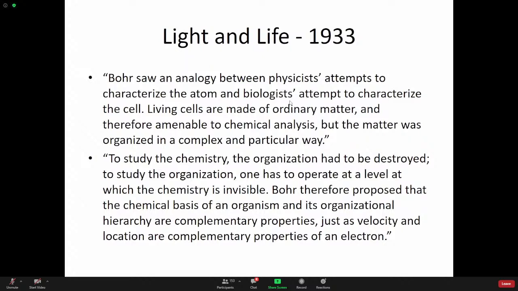So he thought that in order to study quantum chemistry at that level, the system you're studying cannot actually be alive. So there was a complementarity between being alive and being quantum. And I think this is almost certainly wrong, actually.